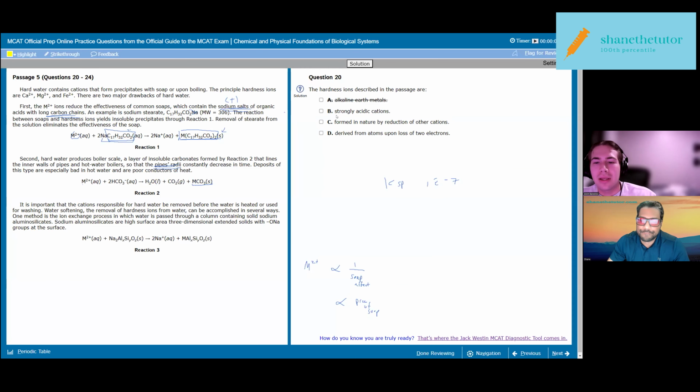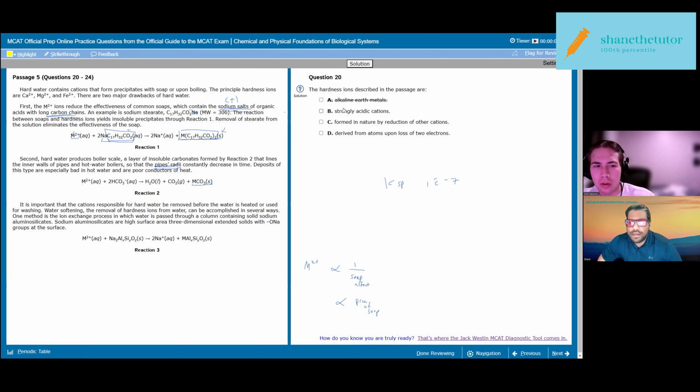Okay. Strongly acidic cations. I feel like something that's acidic either has hydrogens it could donate, because acids donate H's. Why would this be wrong? I'm pretty sure it's wrong.